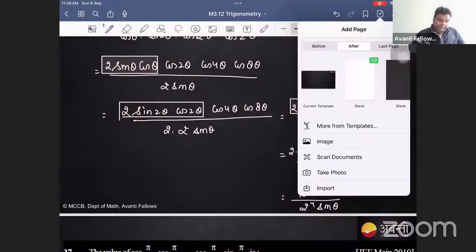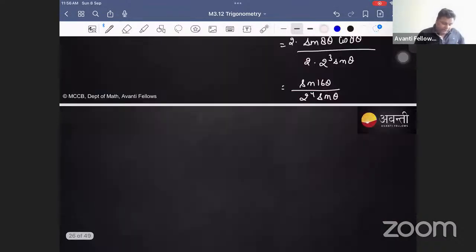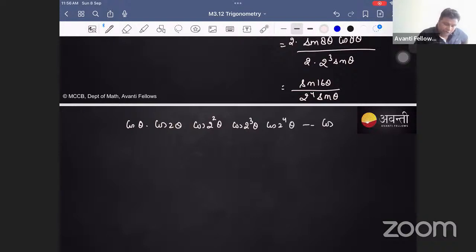Now, I will give you the exact idea about the formula behind it. See, the question is cos theta, cos 2 theta, cos 2 square theta, cos 2 cube theta, cos 2 to the power 4 theta, and so on, cos 2 to the power n minus 1 theta.